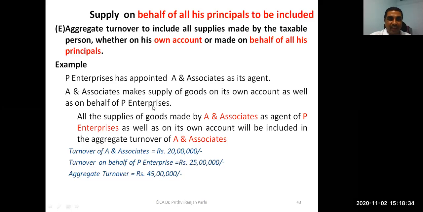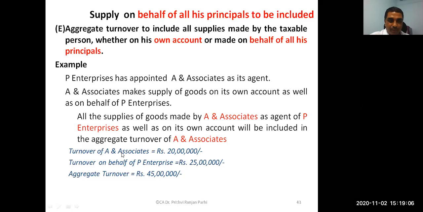That means A Associate supplies his own goods as well as his principal's goods. All the supplies made by A Associate as agent of P Enterprise as well as on his own account will be included in the aggregate turnover of A Associate. Whatever supply he is making on his own behalf will be included, and in addition, whatever supply he is making on behalf of the principal will also be included.